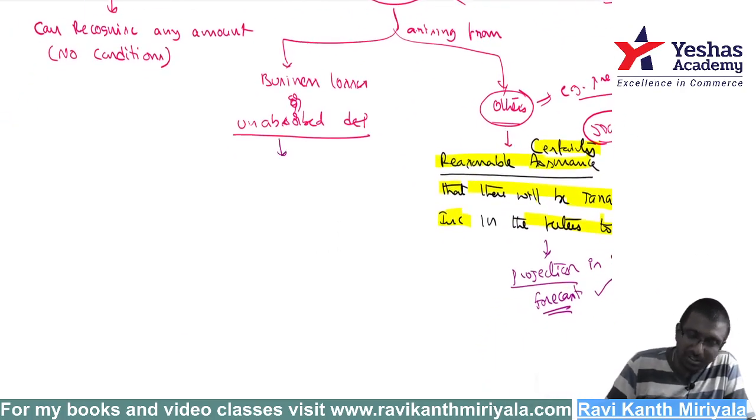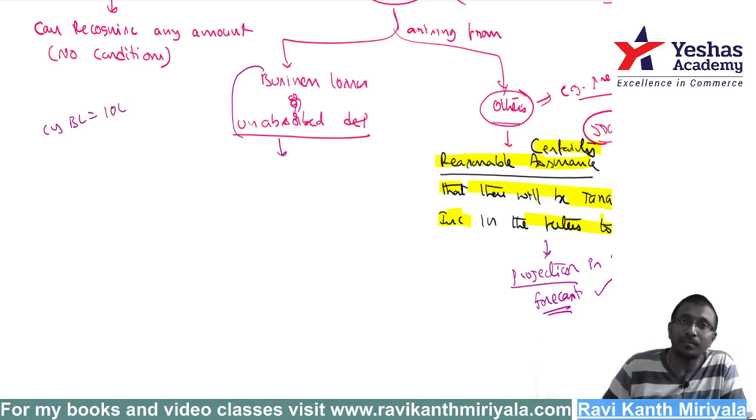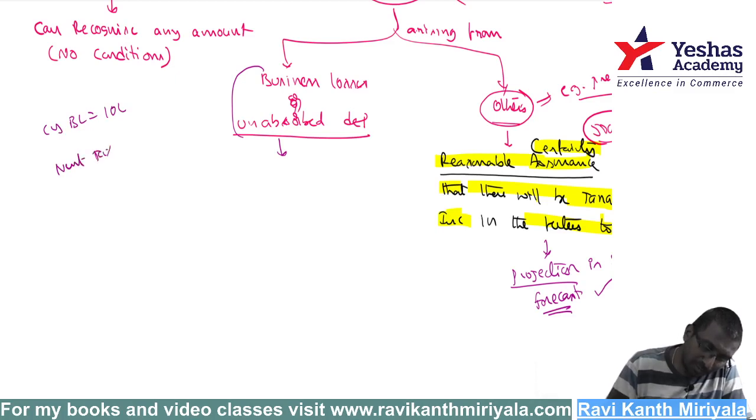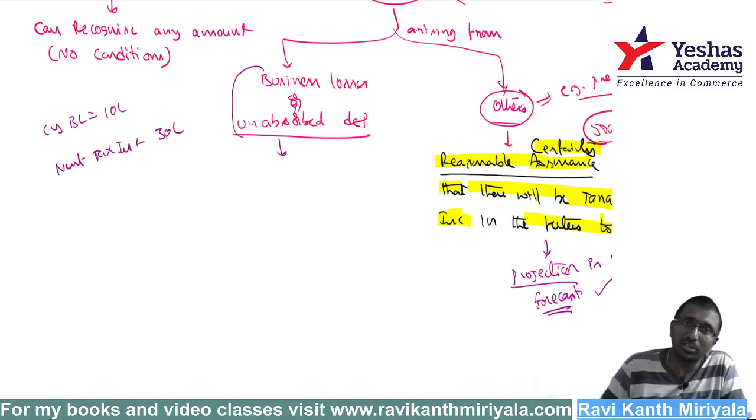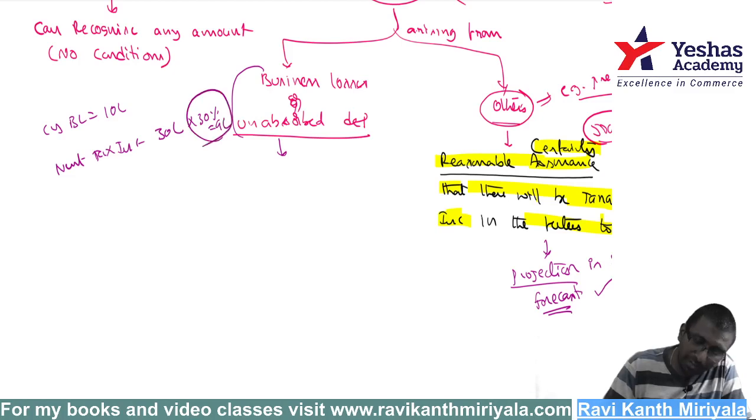But with respect to business loss, how will it be useful? Suppose you got a business loss in the current year of 10 lakh. How is this useful, sir? Suppose next year you got a profit, taxable income of 30 lakh. What are you generally supposed to do? On 30 lakh into 30%, 9 lakh rupees you should have paid.